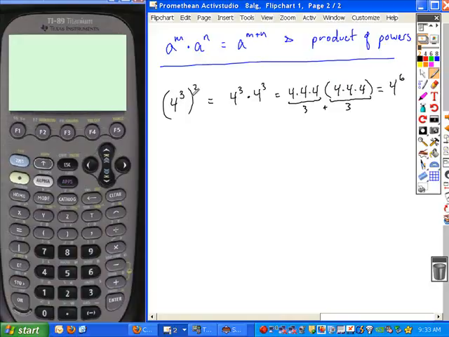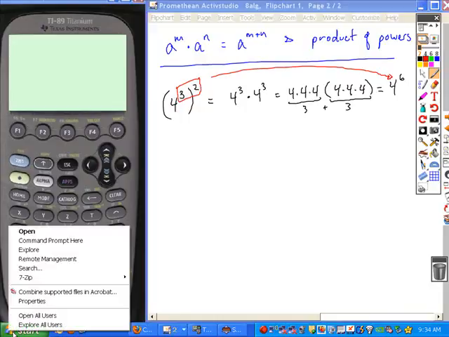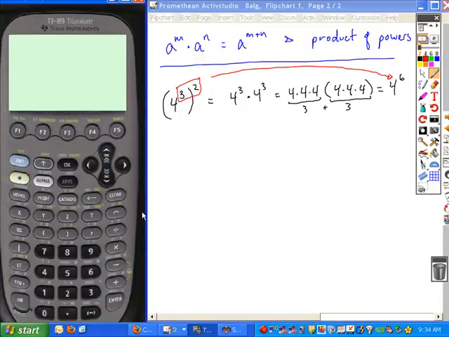You could expand it out to get 6, or you can use a shortcut. What can we do to these original numbers to get to this new power of 6? Yeah, you can multiply them. So the power of a power rule says that if you have an exponent taken to another power, you can keep your same base. All you have to do is multiply the powers.